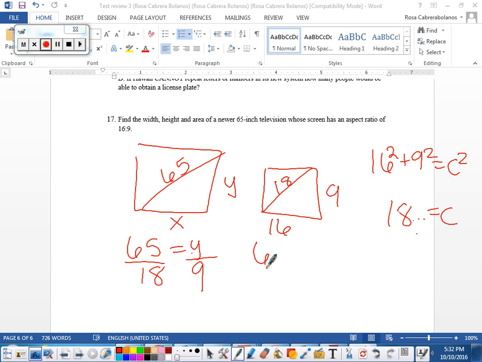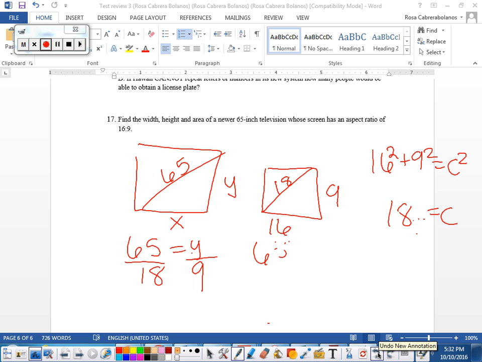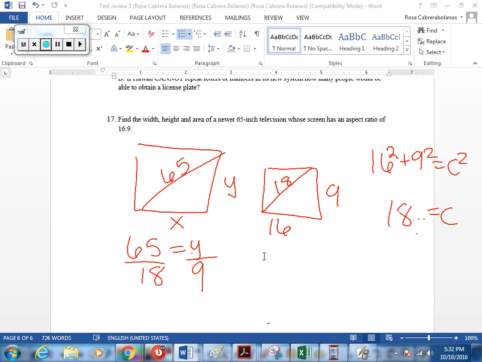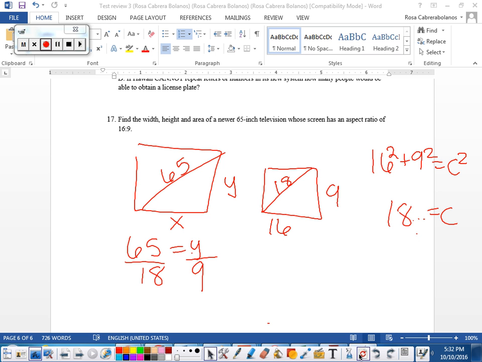And then I also have 65 over 18 equals x over 16.